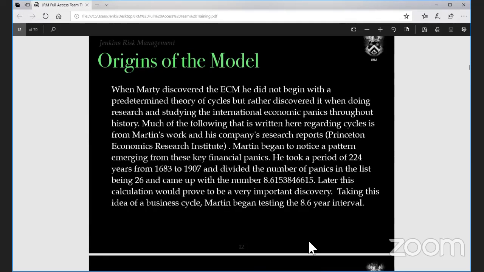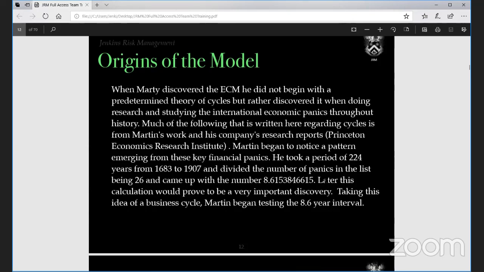He's been one of the biggest traders that's still living. He studied financial panics over a 224-year period, 1683 to 1907. What he found was that these crashes and recessions and panics started to appear in a cyclical fashion.